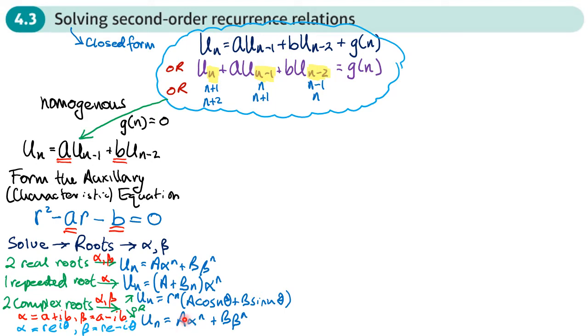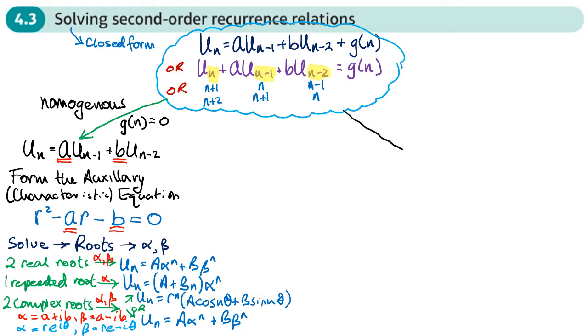So you'll notice that actually this is the same form as the two real roots, and where we've got alpha and beta here, we would just put our complex roots. Now we can write them in either form, so a plus ib here, a minus ib here, or the exponential form here and here. So we've got two ways in which we can write the general solution when the roots are complex.